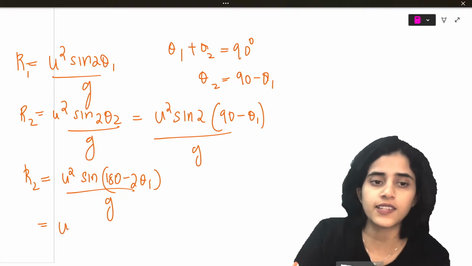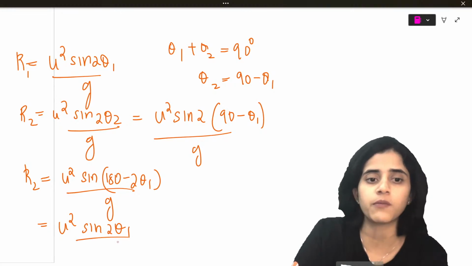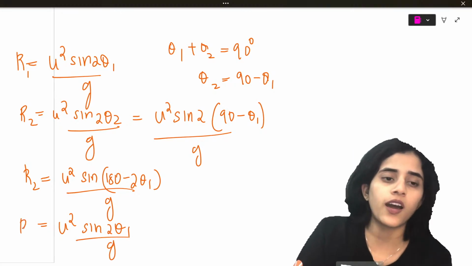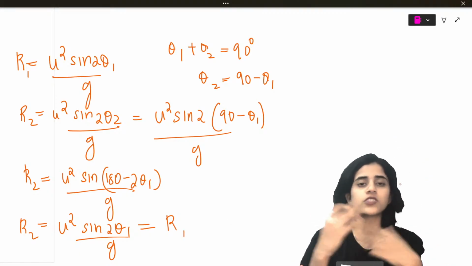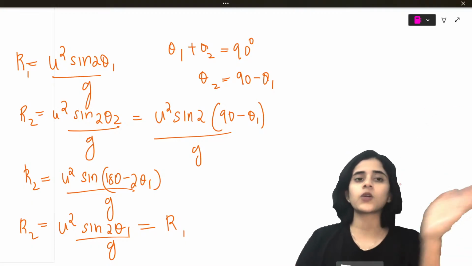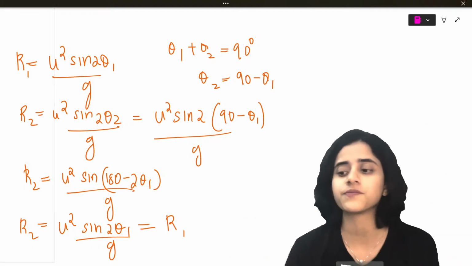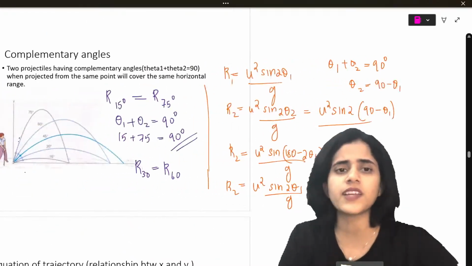So this is basically u square sine 2 theta 1 by g. So R2 is the same as R1. This is a proof for complementary angles. Very easy concept.